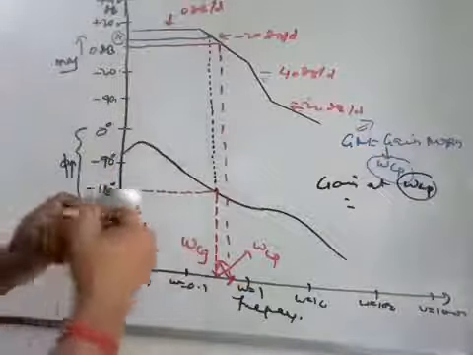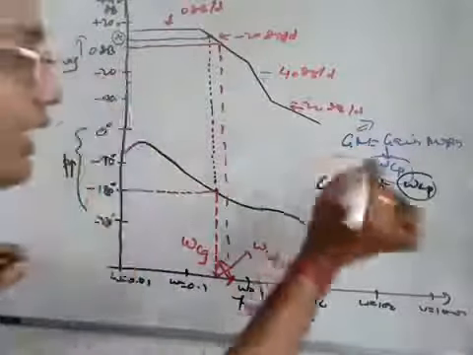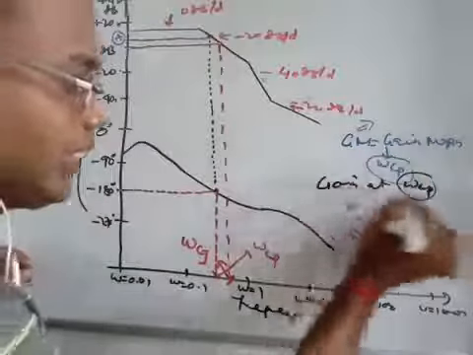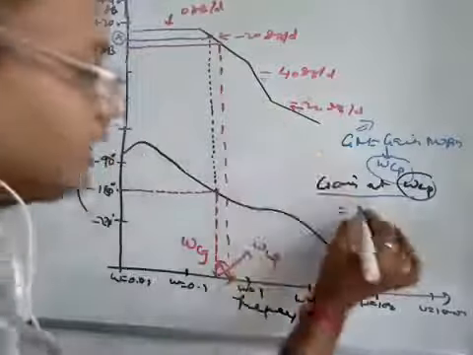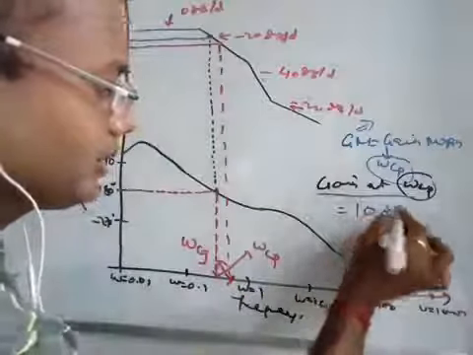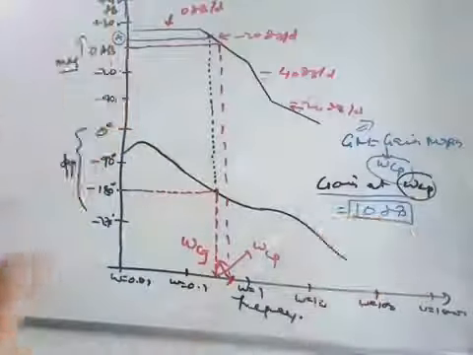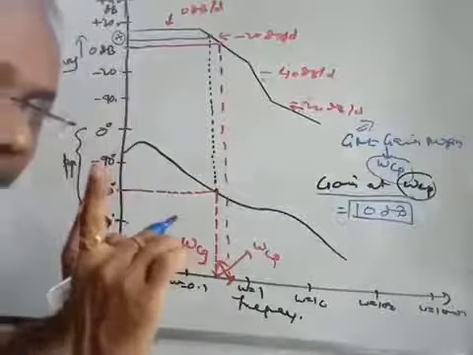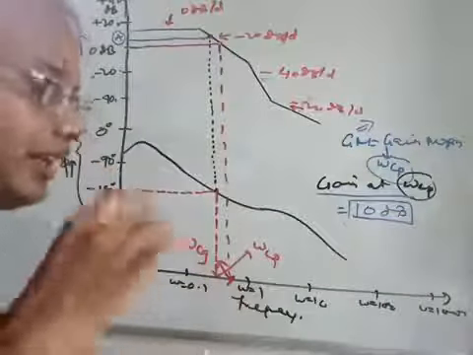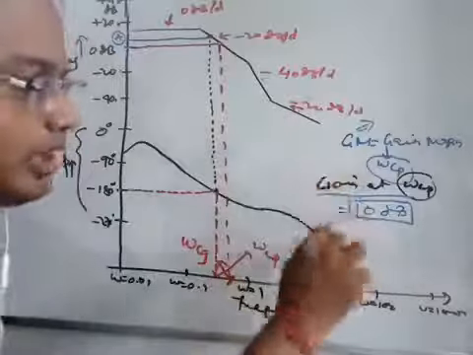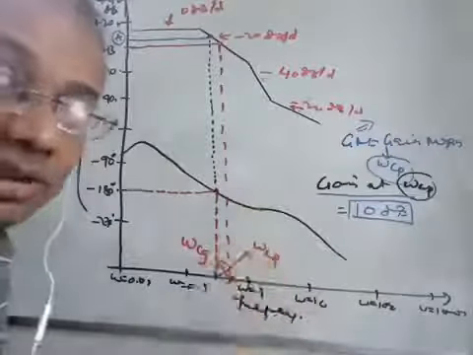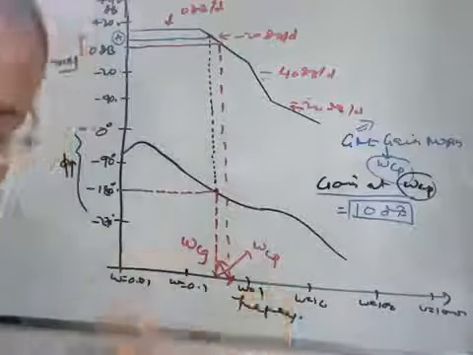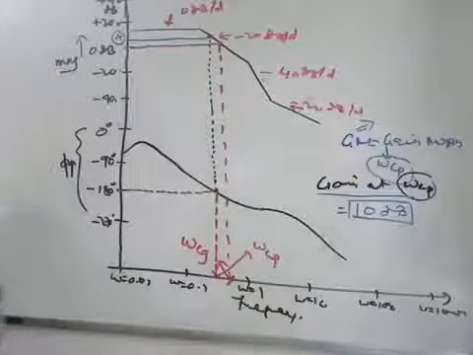So gain at omega Cp is 10 dB above the 0 dB line. That is not the gain margin, right? Gain margin means the additional amount of gain, the marginal amount of gain, you can add, right? That is the actual definition of the gain margin.